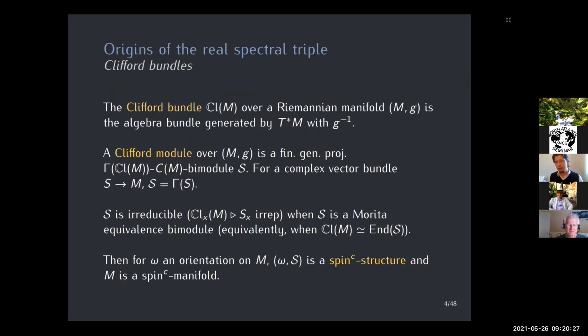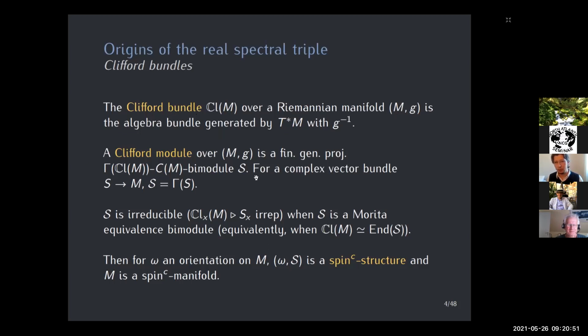So now we're going to lift this to manifolds and define a Clifford bundle as just the algebra bundle generated by the cotangent bundle over our Riemannian manifold, taking as the quadratic form of the Clifford algebra just the metric, basically, lifted to sections.